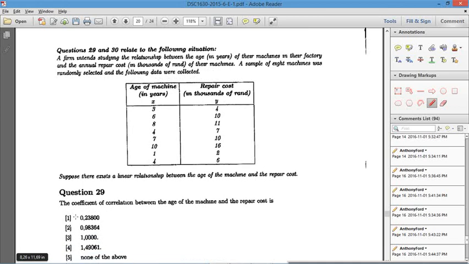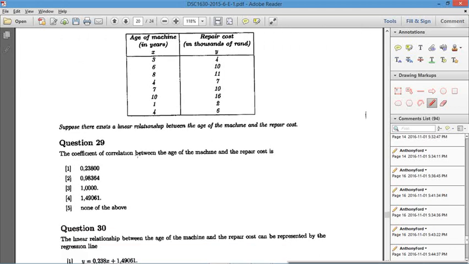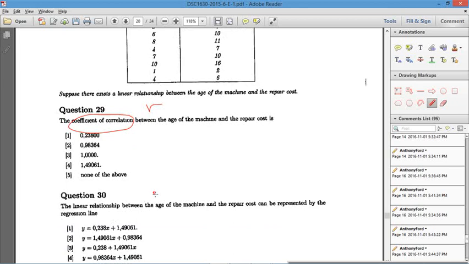Right, question 29. Questions 29 and 30 relate to this set of data: age of the machine and the repair costs. You can see there's X and Y here. 29 is looking for the coefficient of correlation, which is R, and 30 is looking at a and b to get the linear regression equation.